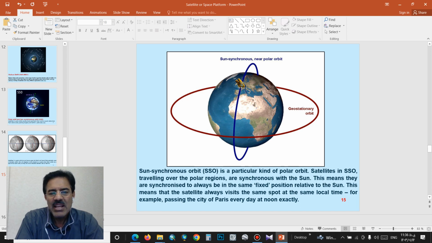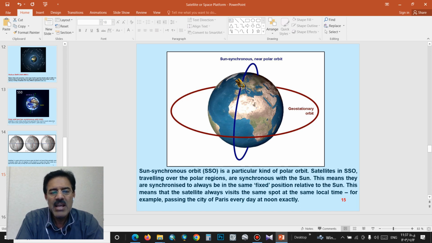This means they are synchronized to always be in the same fixed position relative to the Sun. This means that the satellite always visits the same spot at the same local time.